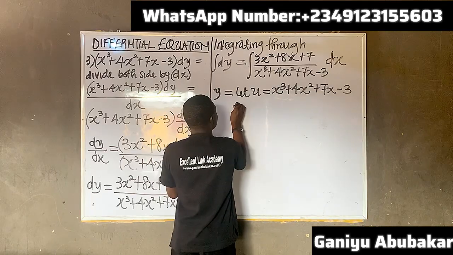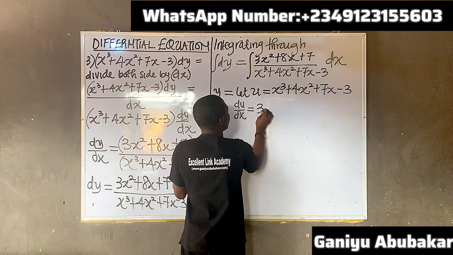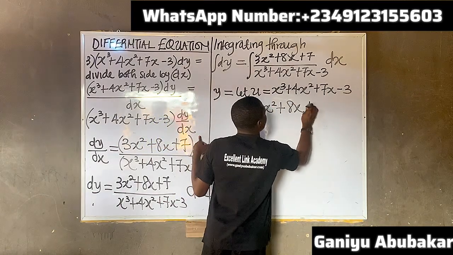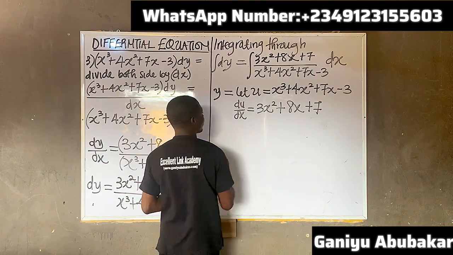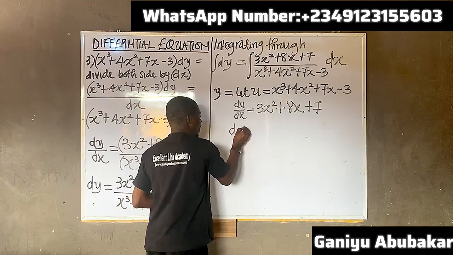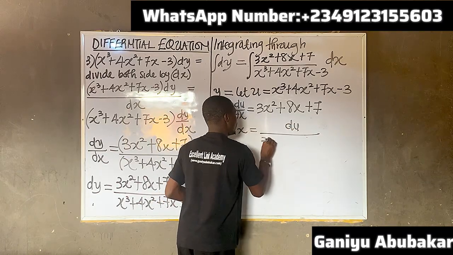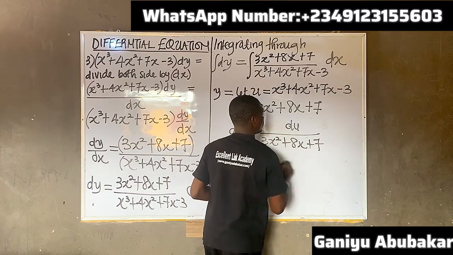From here, du over dx is equal to 3x squared plus 8x plus 7. Make dx the subject: dx equals du all over 3x squared plus 8x plus 7.